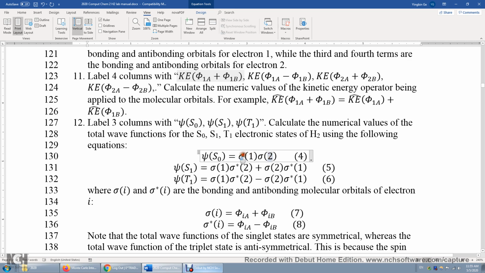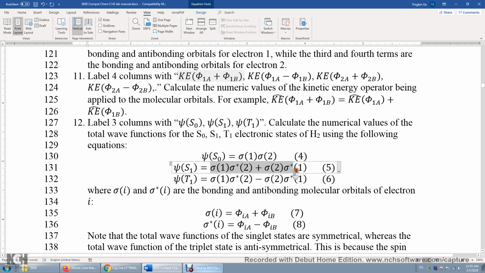Therefore, we need to multiply this with an anti-symmetrical spin function. All right. So the spin function is going to be alpha 1 beta 2 minus beta 1 alpha 2. And this is the first excited state with the 2 electrons paired. So this is the first triplet excited state with the electrons unpaired.